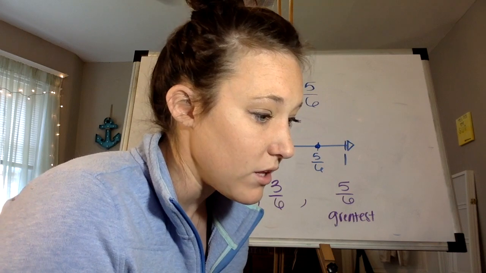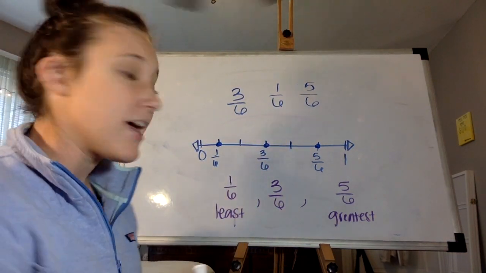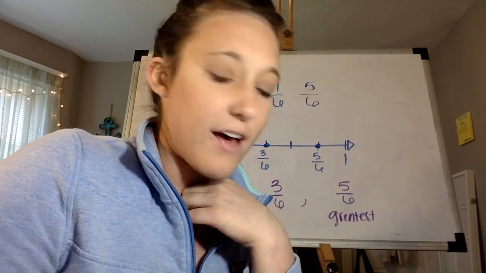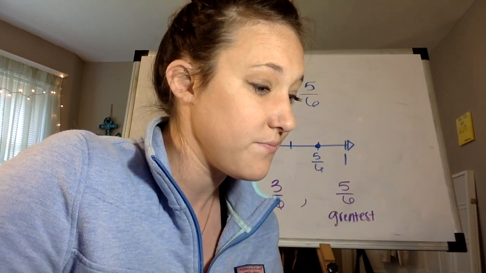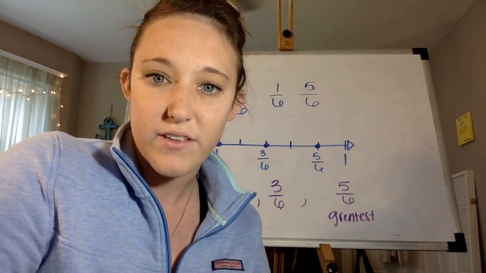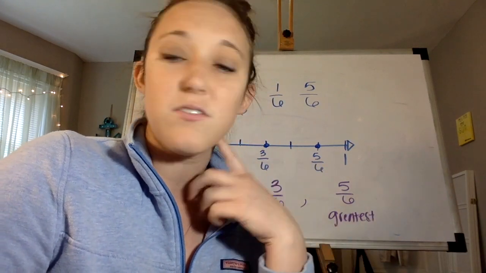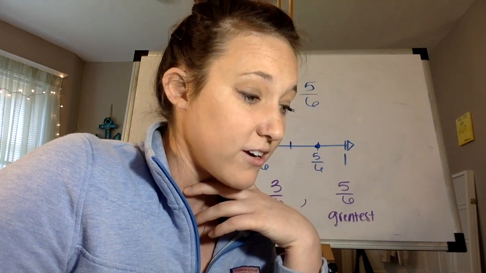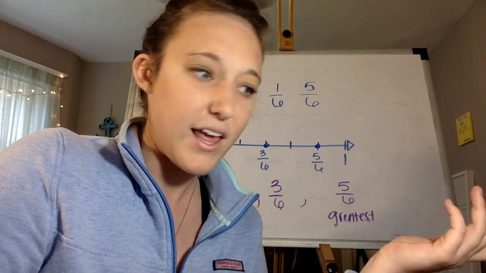So then, just like I had said with this example, blank 8th is farthest to the left. Well, looking at it, our 1/8 is farthest to the left. Well, which fraction is farthest to the right or closest to the 1 whole? 7/8, which leaves 5/8 between the 2 fractions. So the order from least to greatest is 1/8, 5/8, and 7/8.